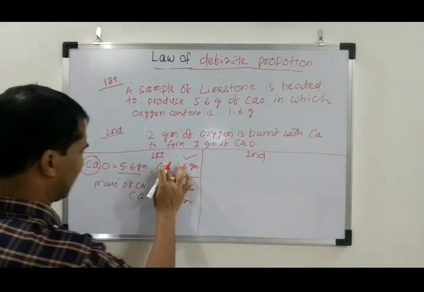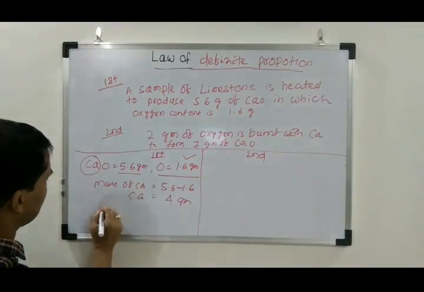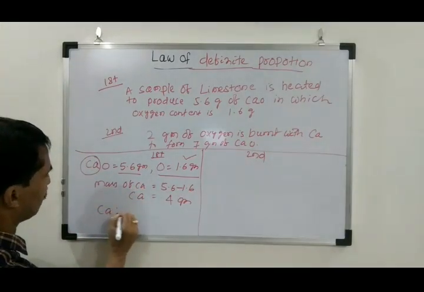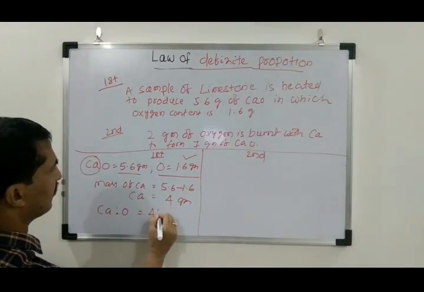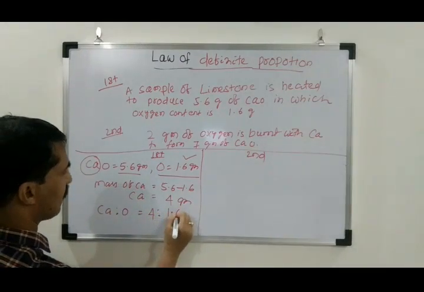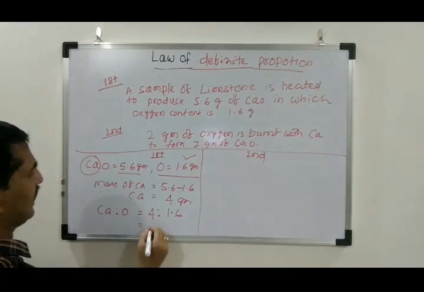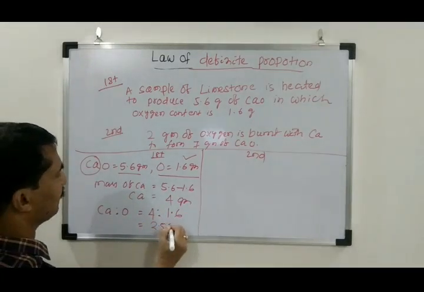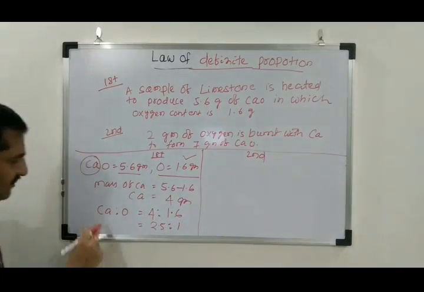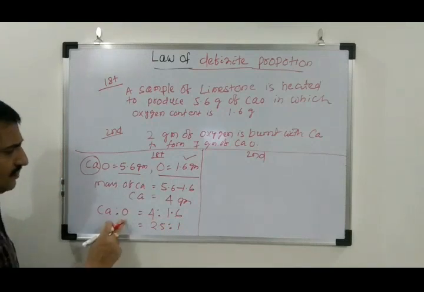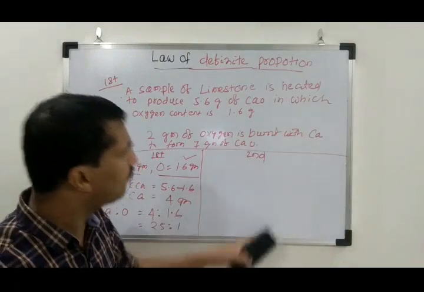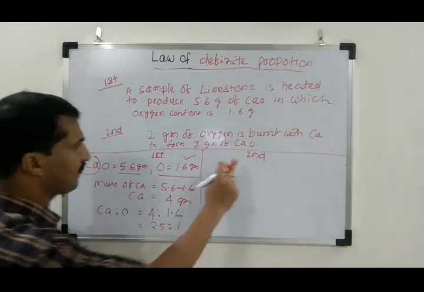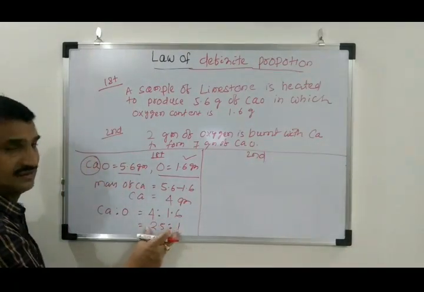If I take the ratio of calcium and oxygen here, then here I will say 4 is to 1.6, then I will get 2.5 is to 1. Here the ratio of calcium and oxygen is 2.5 is to 1. Now we have to prove in the second case also the ratio of calcium and oxygen is this.